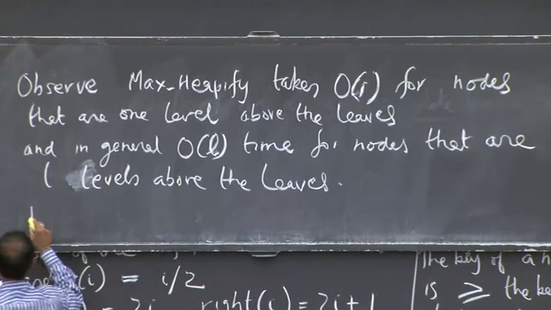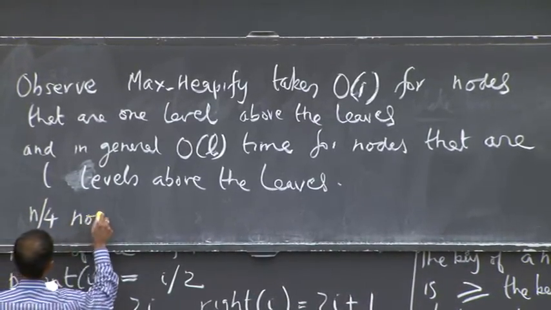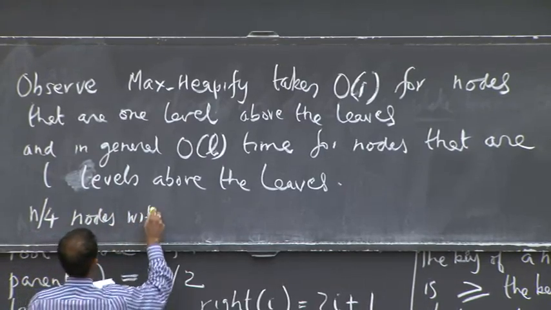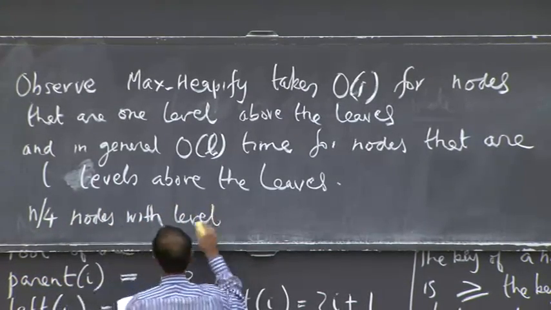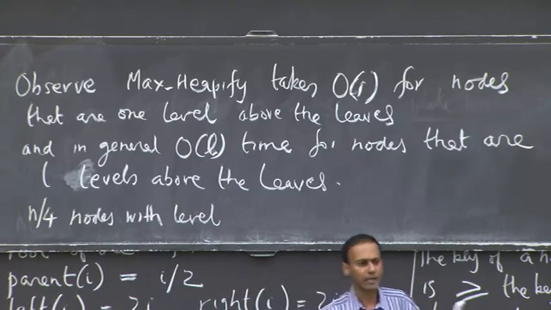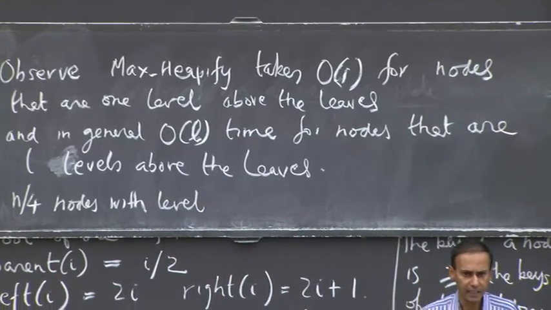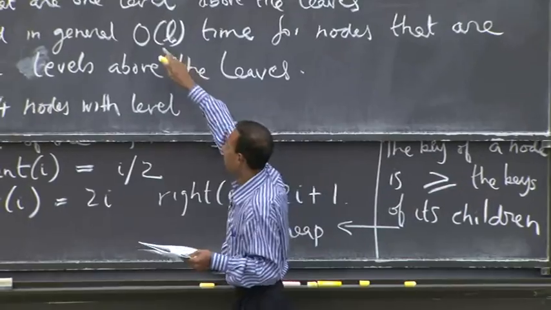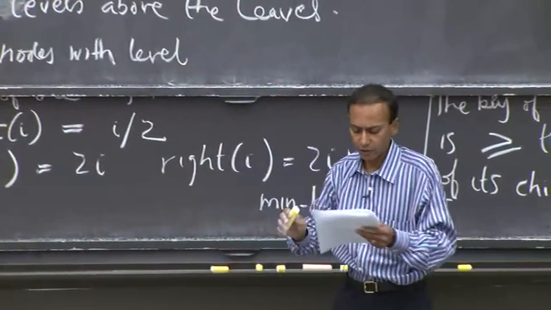Observation number two is that we have n over 4 nodes, give or take 1, depending on the value of n. I don't want to get hung up on floors and ceilings. In any case, we're eventually going to get an asymptotic result, so we don't have to worry about that.